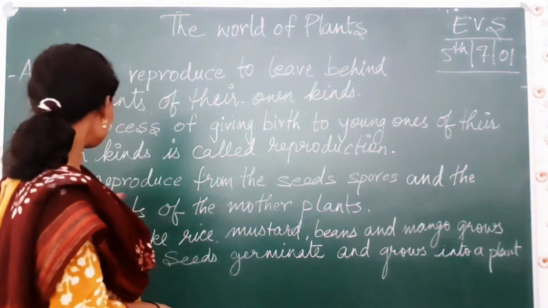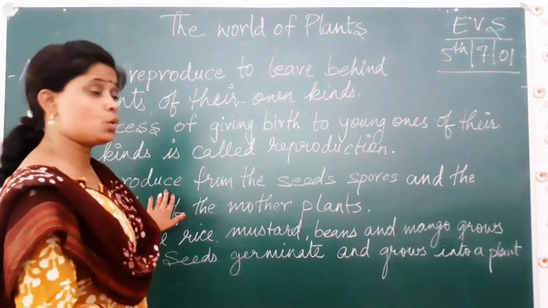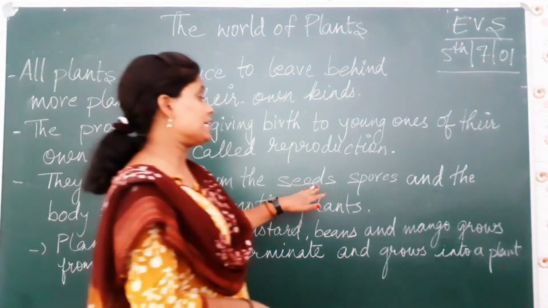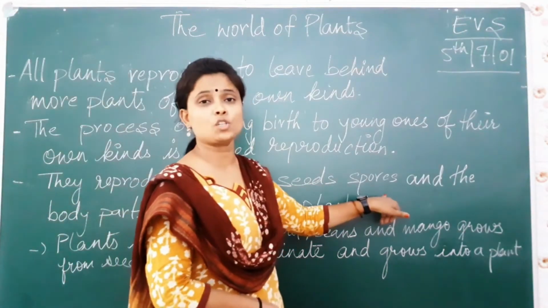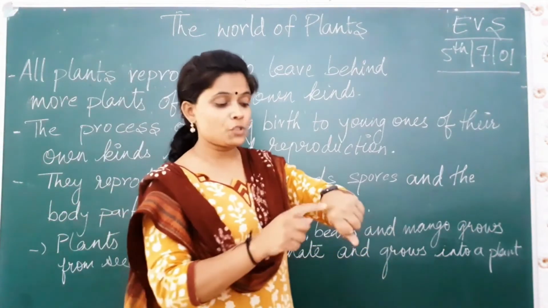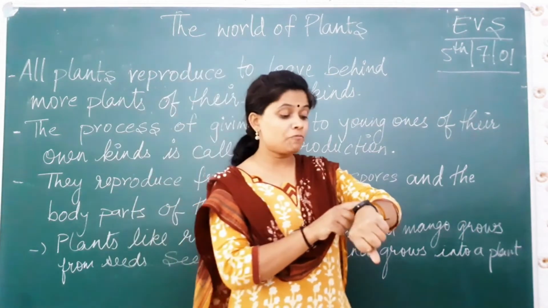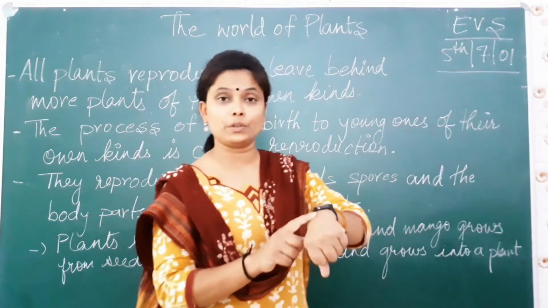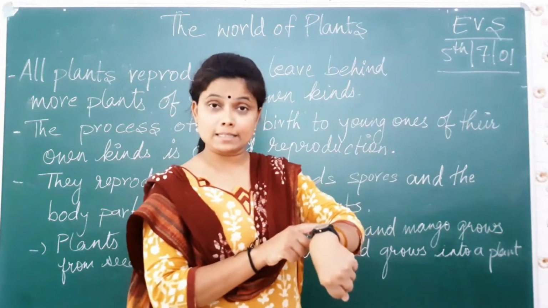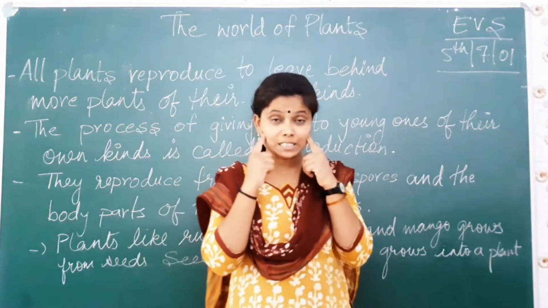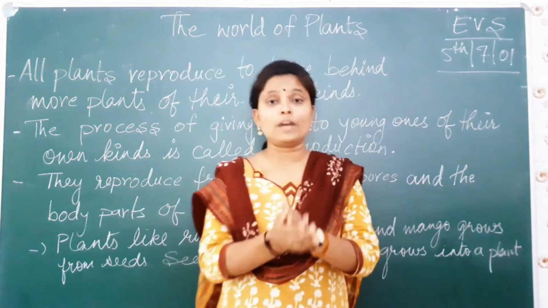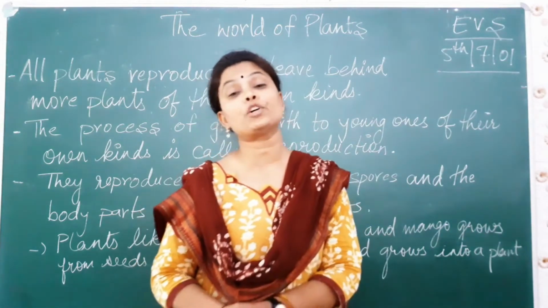Next, they reproduce from seed spores. Spores means small holes. If you see your hand, you can find hair around your hands or your cheeks. Have you ever seen sweat coming out of your body?